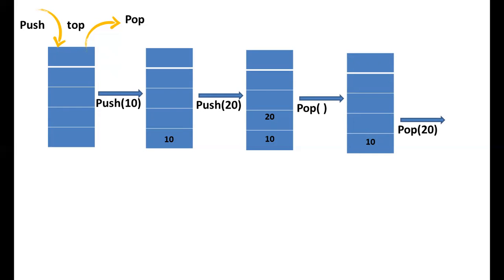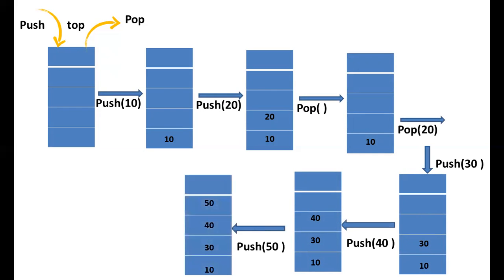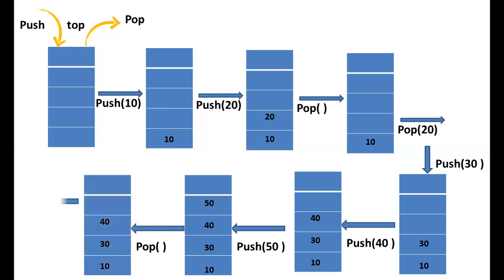Suppose you are pushing 30, 40 and 50, then the stack will be like this. When you push 30 it will be like this, 40 like this, and when you push 50 it will be like this. Now again, if you use the pop operation, the stack will be something like this, since 50 will come out.